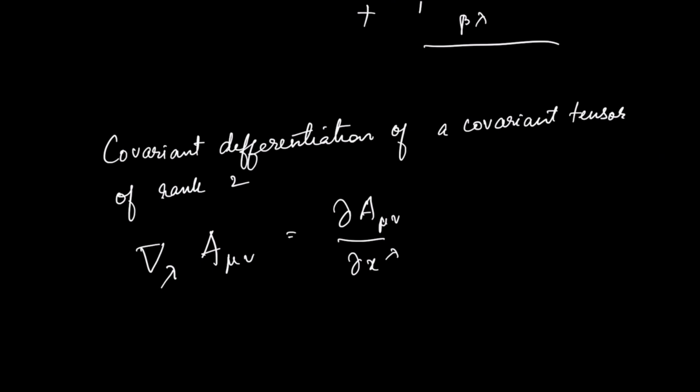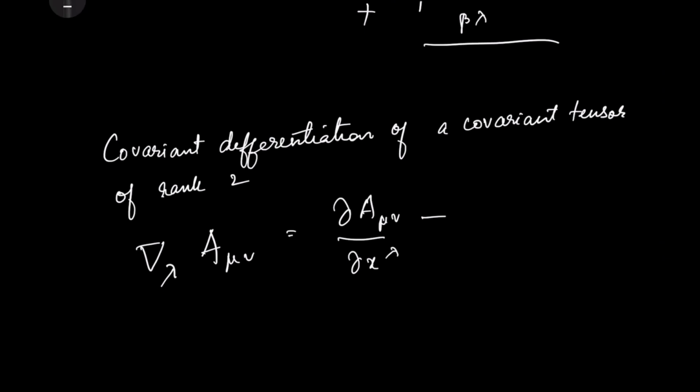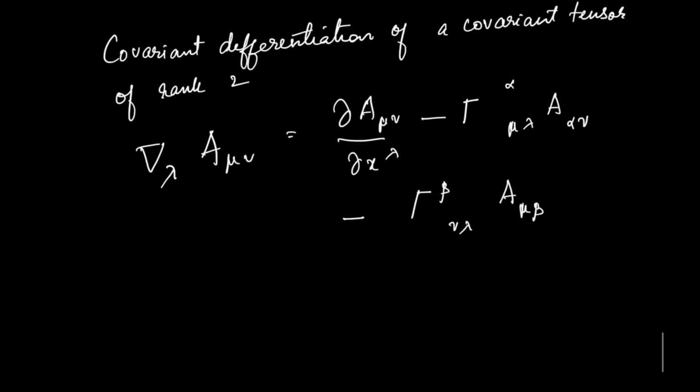Now it's covariant, therefore minus, and I have to write for mu and nu also. So two terms will come. So now I write minus Christoffel symbol alpha mu lambda A alpha nu minus Christoffel symbol beta nu lambda A mu beta. This is the expression for covariant differentiation of a covariant tensor of rank 2.